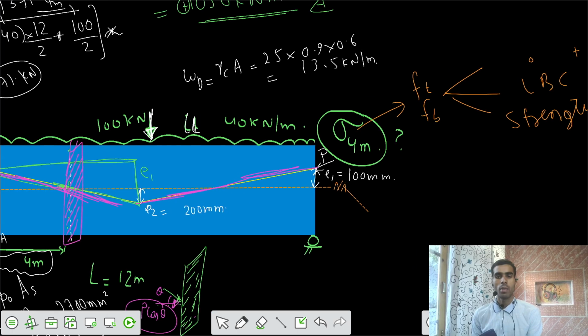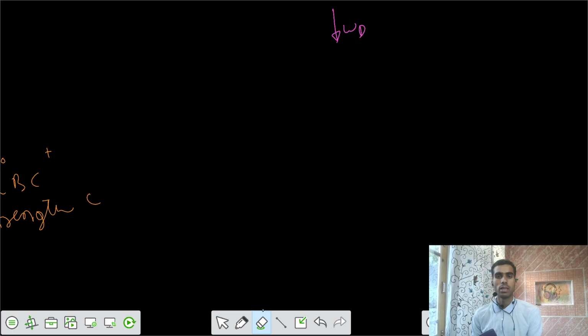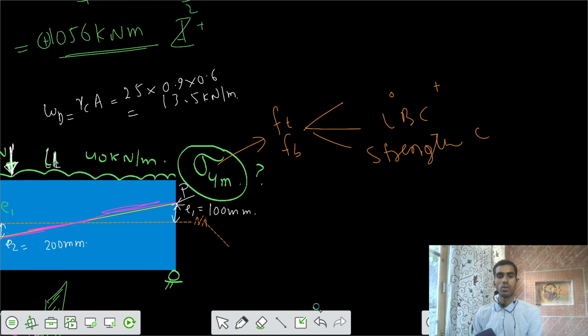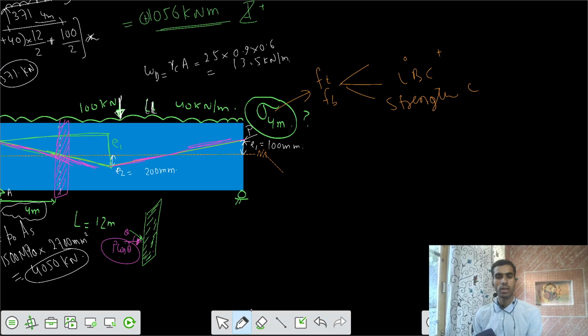Based on the load balancing concept, because I have a triangular variation of the cable, I have to transform it into a straight line. That means I have to apply the balancing load of 2P sine theta only. I don't have to go for 8P h cos theta by L square. So your diagram can be modified in this way.